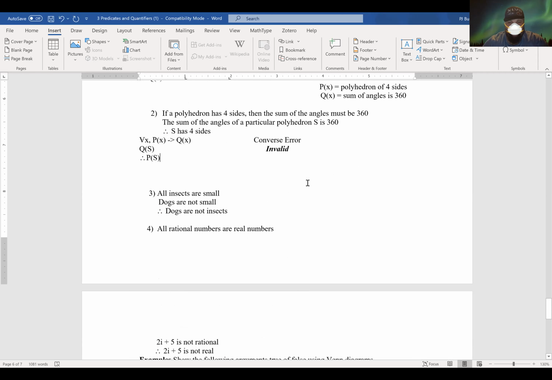Now 3 here is probably the most challenging one because it doesn't give us a whole lot. Right, it says all insects are small, dogs are not small, dogs are not insects. So we've got to come up with a statement for that.